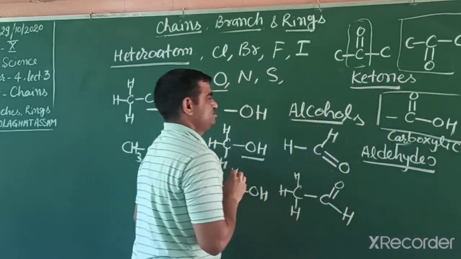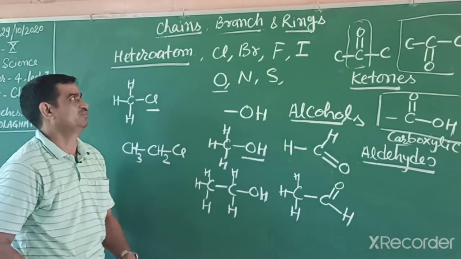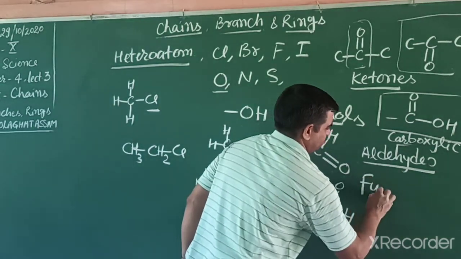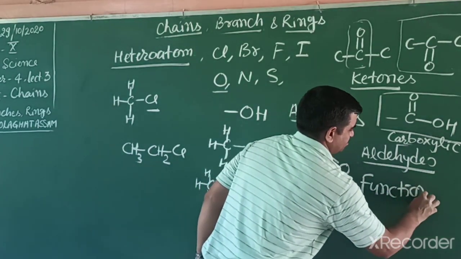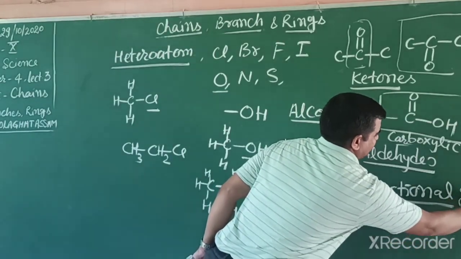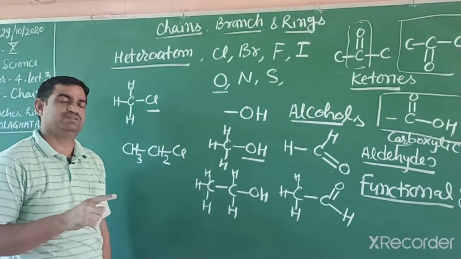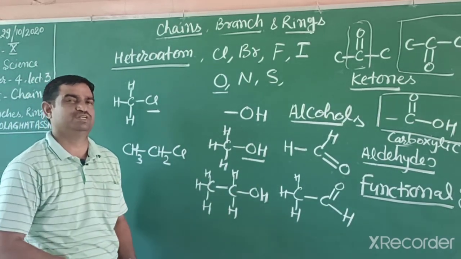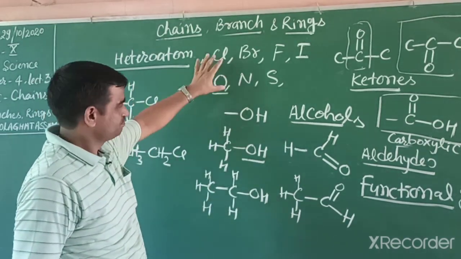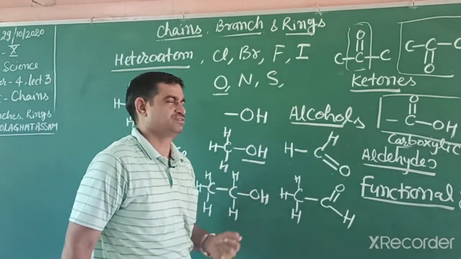Such heteroatoms decide the property, and they are known as functional groups, a new name. If we replace one hydrogen or more than one hydrogen by another heteroatom, that heteroatom decides the property of the compound and is known as the functional group.